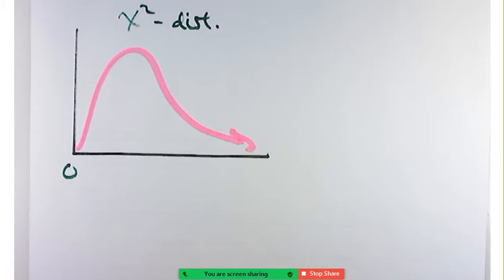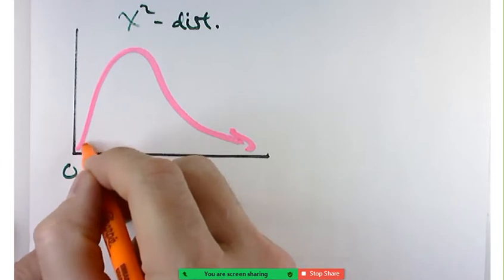Now, what we're going to look for sometimes, what you could be asked for, is to find what are called chi-square sub L and chi-square sub R. Now, let me show you what those values represent.